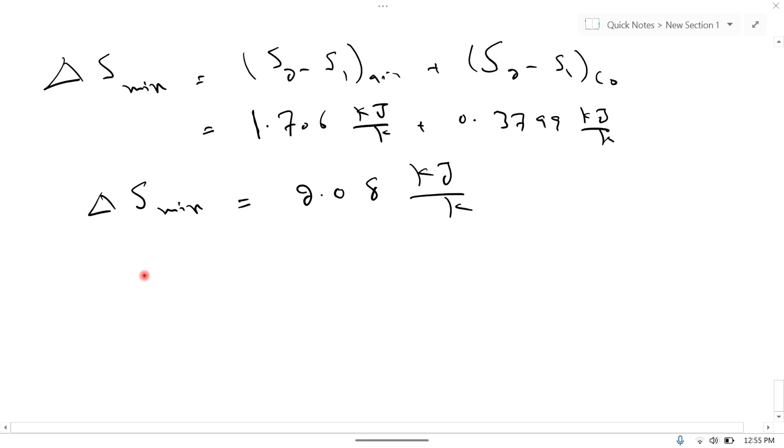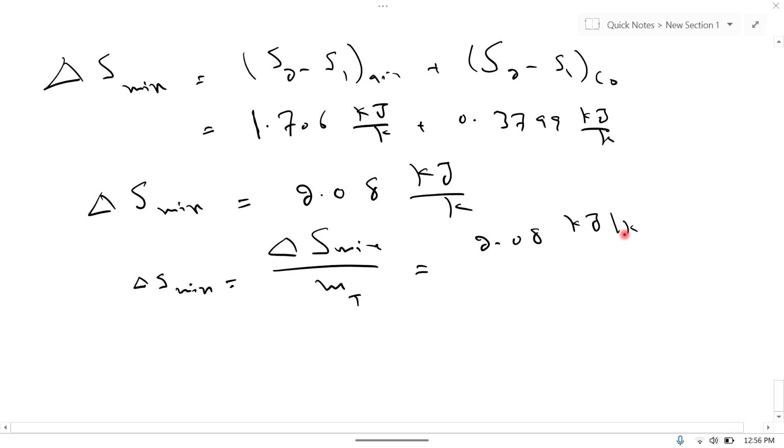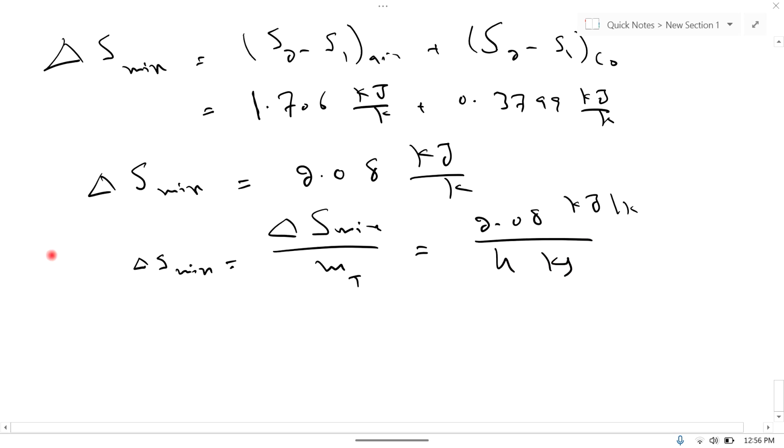But we have to find it per kilogram. So specific entropy change of the mixture is equal to total entropy change of the mixture divided by mass. Mass of the mixture means total mass, 2.08 kilojoule per Kelvin divided by 4 kilogram. Total mass is 4 kilogram.